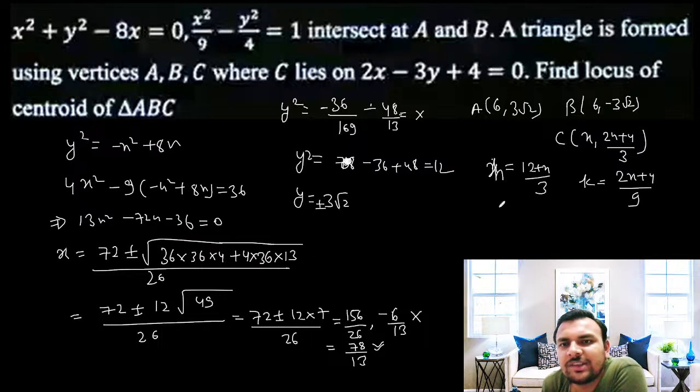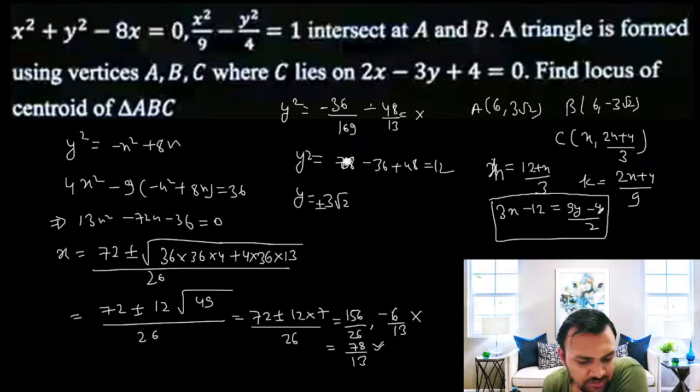So can we say that 3h minus 12, and this is x, which is equal to 9k minus 4 by 2. So this is the locus of centroid, which is a straight line.